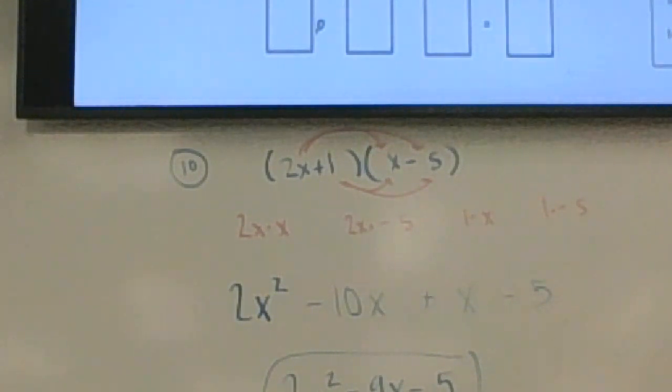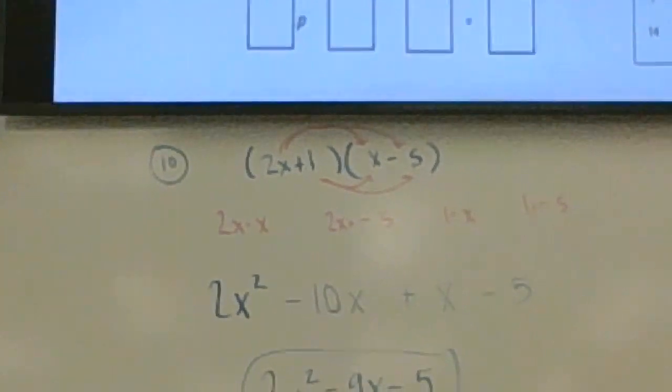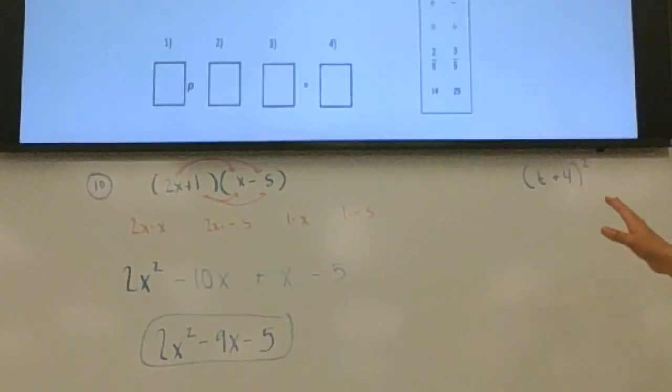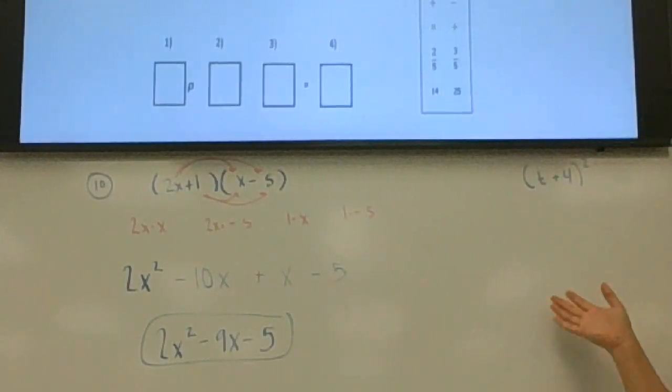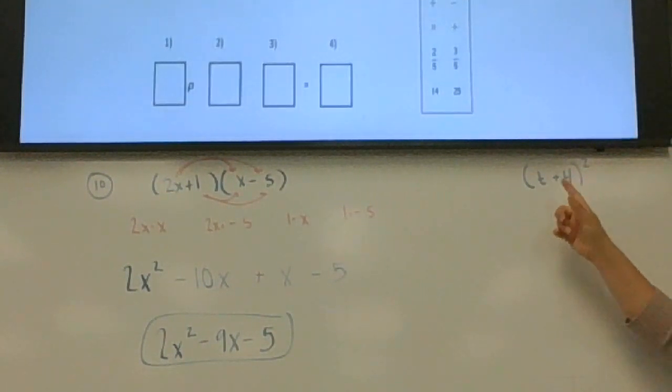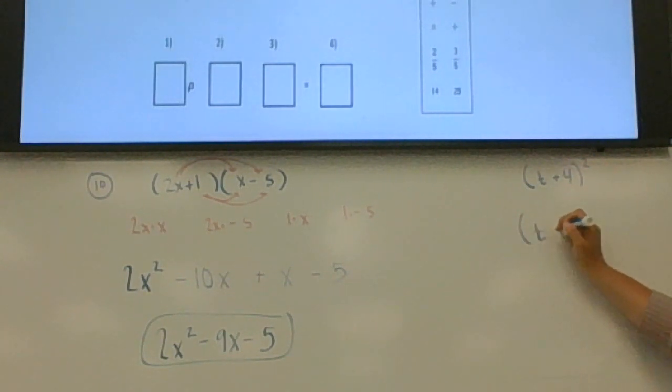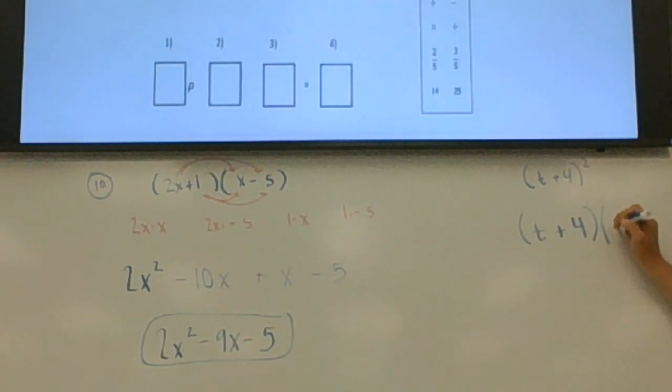Now, the second one is a common misconception across all of algebra. Algebra 2 students often get this second one wrong. They'll write t squared plus 16 because you think you can just distribute into here. But actually, you have to go side by side, t plus 4 times t plus 4, and you have to do the same thing. You have to multiply the first terms, the t times the t.